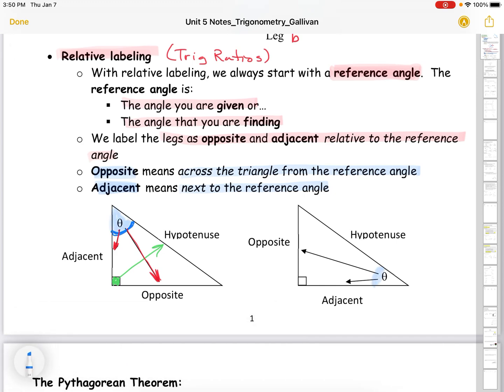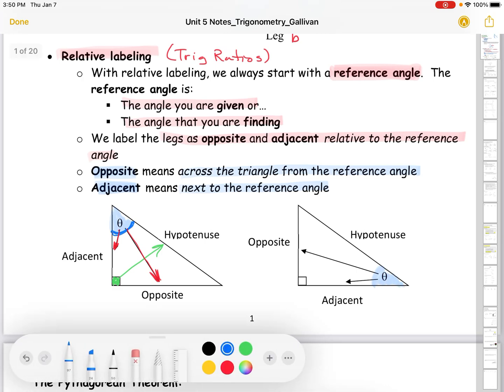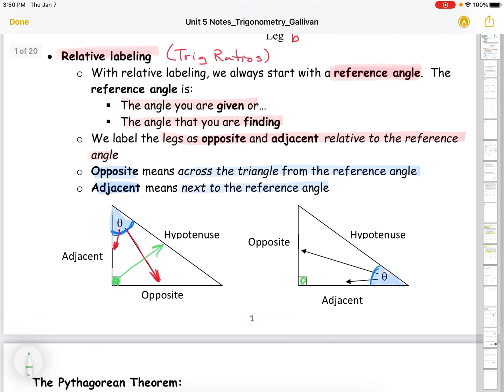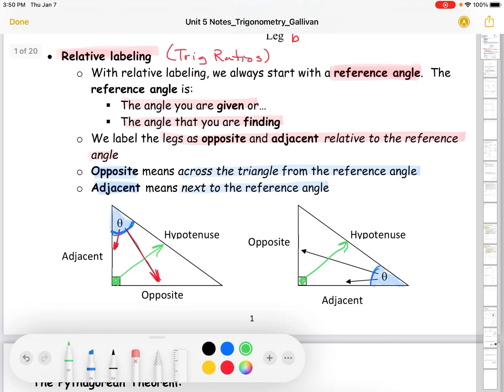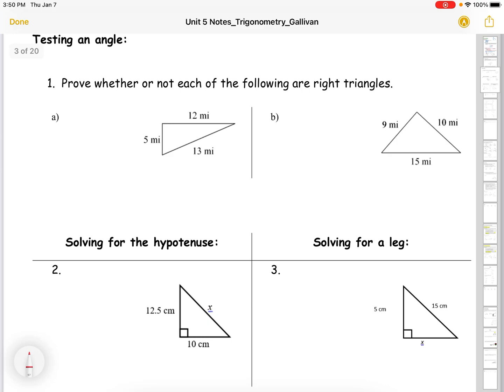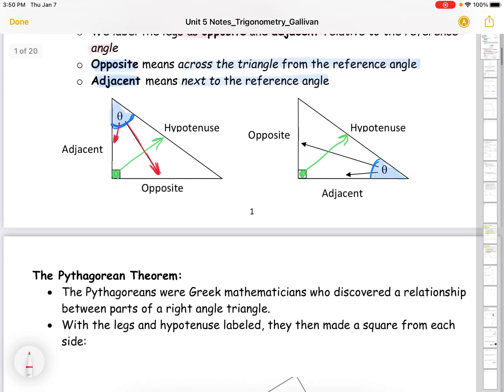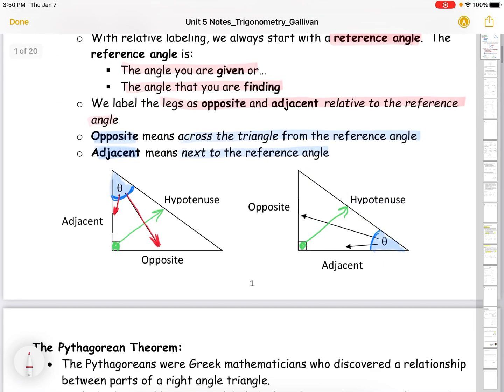If, however, we're looking from the other angle as our reference angle, things switch up. The hypotenuse is always the same. However, if we're looking from this other angle, then the opposite side becomes this side, and the adjacent side becomes this side.